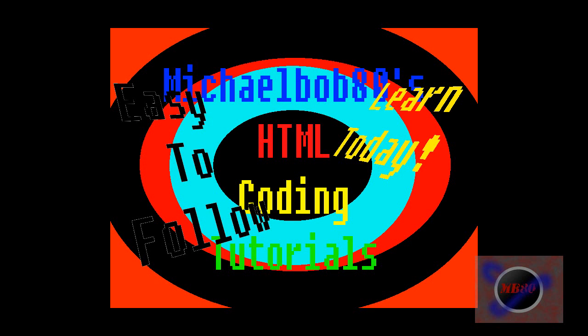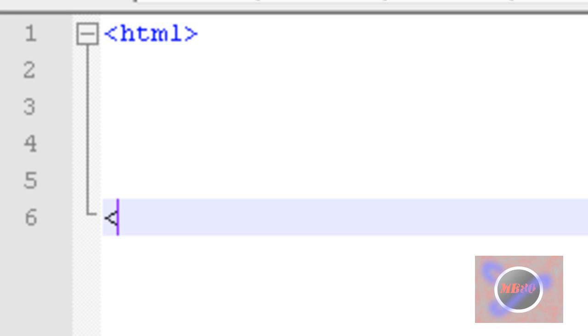Then put the ending HTML tag, which is the HTML tag with a forward slash. For the second tag of most tags, you're always going to want that forward slash on there.